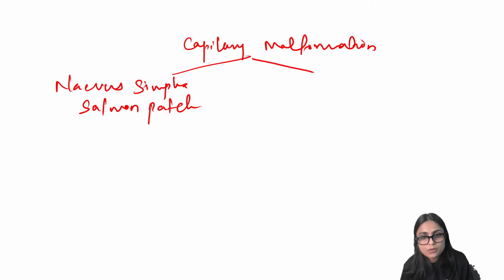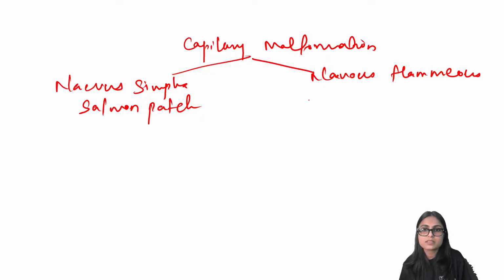Second one is nevus flammeus. Nevus flammeus is also called port wine stain. This we have heard, right?